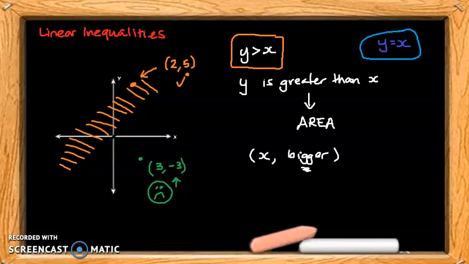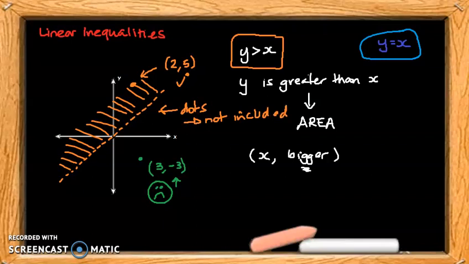The way we show that there is a line and it's not included is by drawing a dotted line. This dotted line means it's not included.